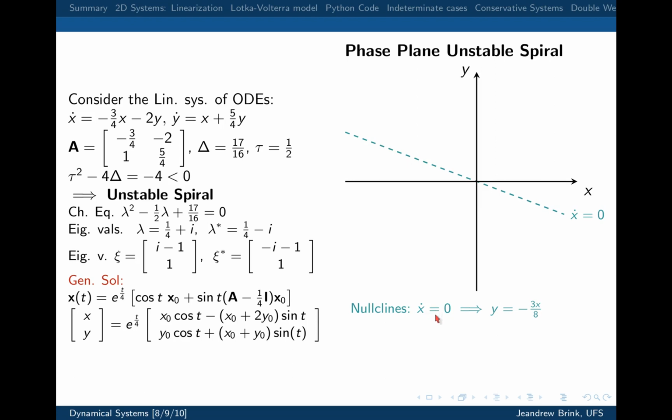So you have x dot equals 0, which means that y equals minus 3 over 8 x, and then you put on the arrows. You know that x dot equals 0, so the arrows either point up here on the right or down on the left.